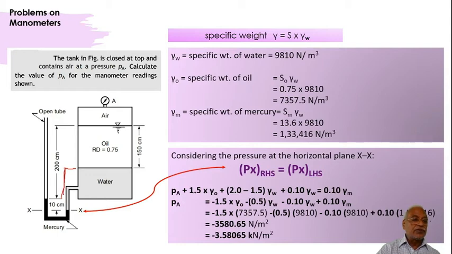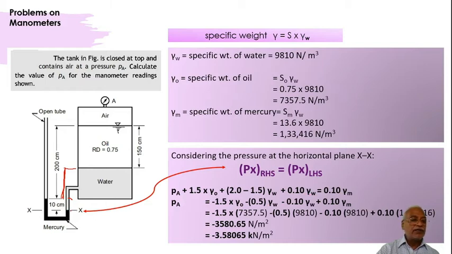So this distance is 0.5, which is 2 minus 1.5, and then there is plus 0.1, right? So step by step I'll come from here to this level, which is 2 minus 1.5 multiplied by gamma W. I am going down, that's why I have added. I have come up to this level now. Now still further down I have to go in water only through a distance of 10 centimeter, which is 0.1 meter, into gamma W.